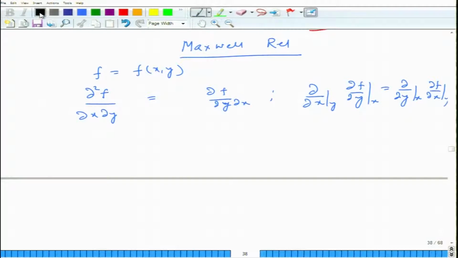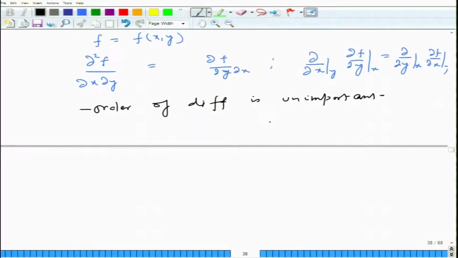The point is that the order of differentiation is unimportant. So, we can make use of this expression in our thermodynamic relation.